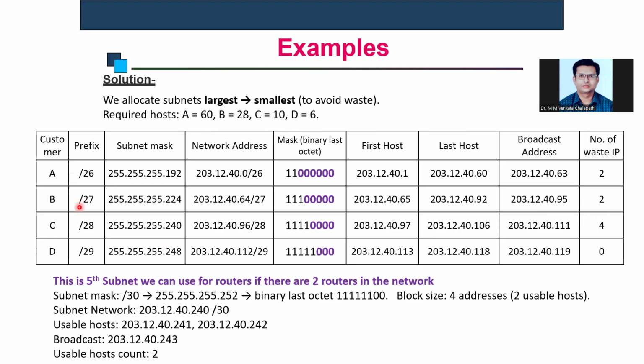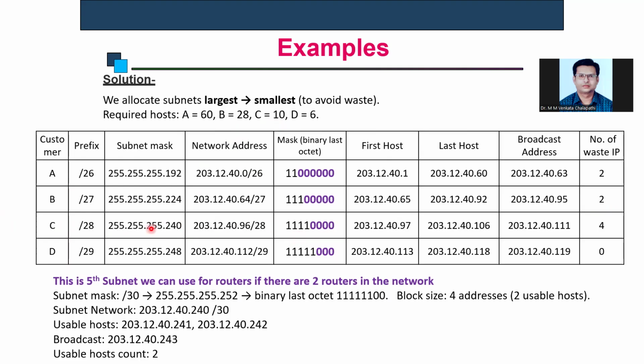Next, coming to customer C, it requires 10 host addresses. The nearest power of 2 is 16, which is 2 to the power of 4. So 32 minus 4 is equal to 28. So slash 28 will be the prefix.